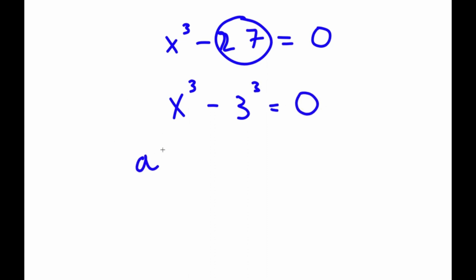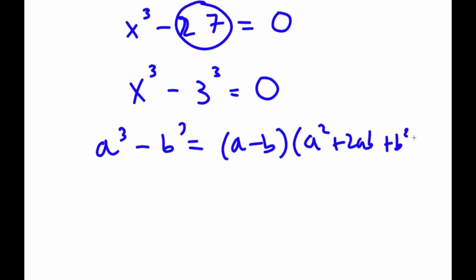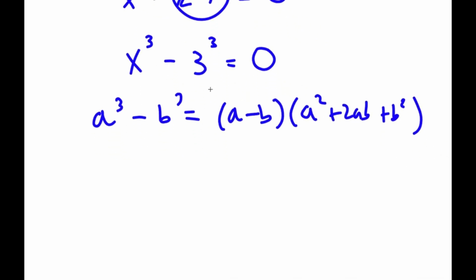Now, if I have something in the form a to the power of 3 minus b to the power of 3, this is equal to a minus b times a squared plus 2ab plus b squared. So in this case, a is equal to x and b is equal to 3.